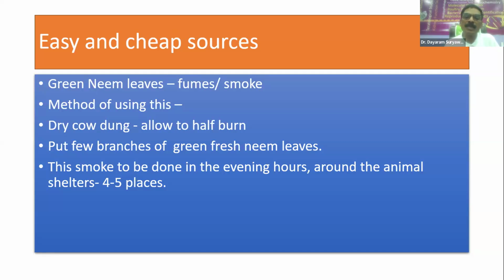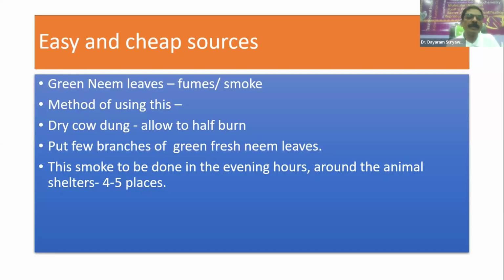Don't make it into ash. Then put some branches of green fresh neem leaves over it and allow it to smoke. The smoke has a little bit of a bitter smell, and because of that bitter smell, all the flies present around that vicinity will run away from that area.